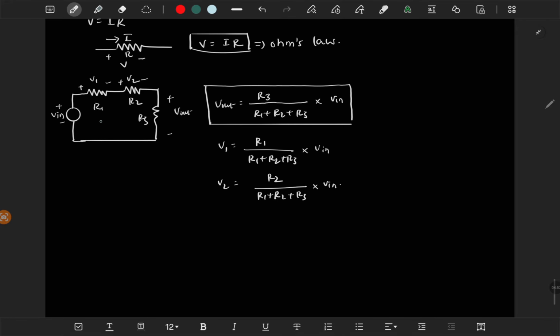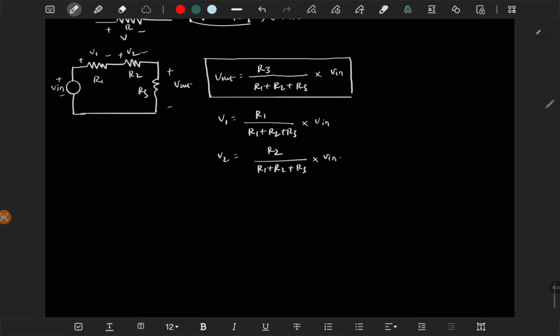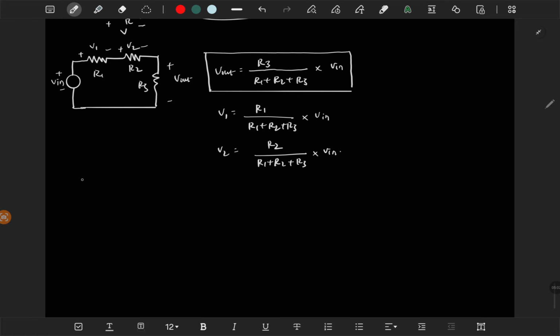And then we can go to the current division rule. There is no need to derive this one, and it's very simple. If you apply KVL here, then of course you will get that. So okay, let's do that. KVL is just a simple equation.